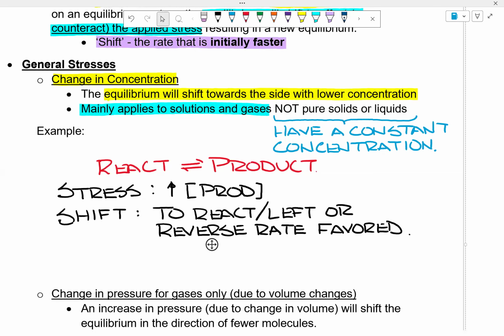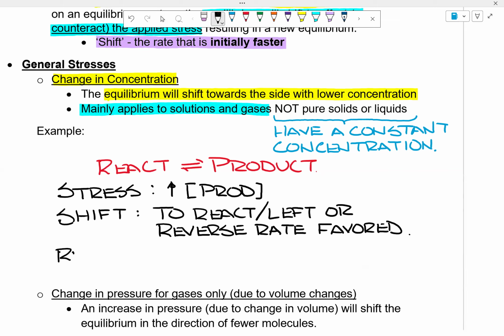So if I've increased the concentration of my products, the number of effective collisions the products are having is more than the number of effective collisions the reactants have. As a result, the products going to reactants would be at a faster rate because of a higher concentration. And so that's why I said it would favor to the left, to the reactants, or the reverse rate is favored. Now, what would happen in this particular case?